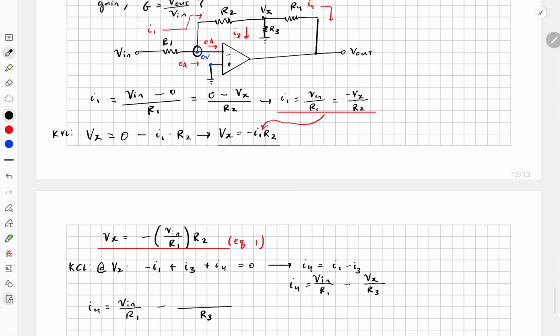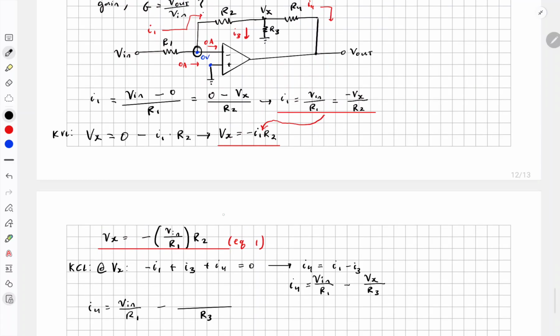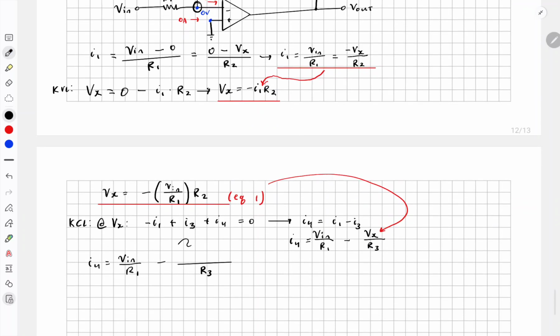Okay, so Vx, we already solved for Vx. We solved it here in equation 1. So let's just put this as Vx, which is negative Vin multiplied by R2 divided by R1.